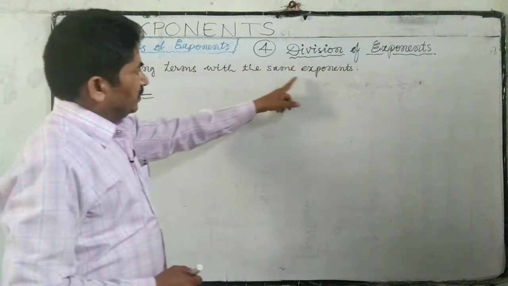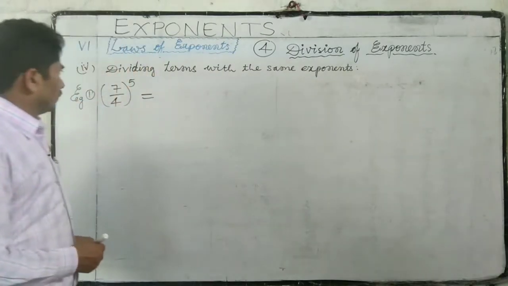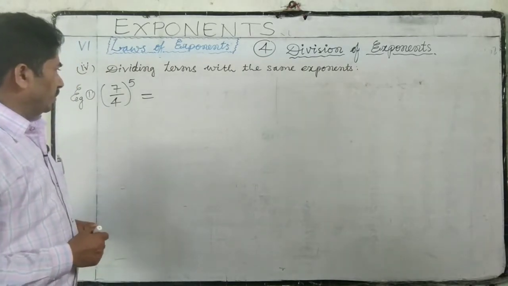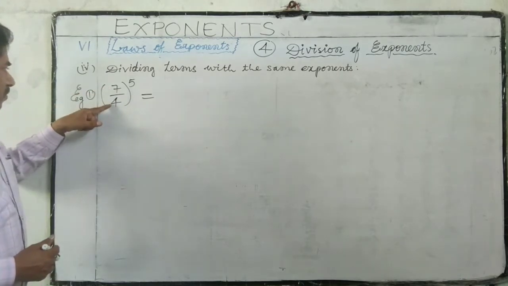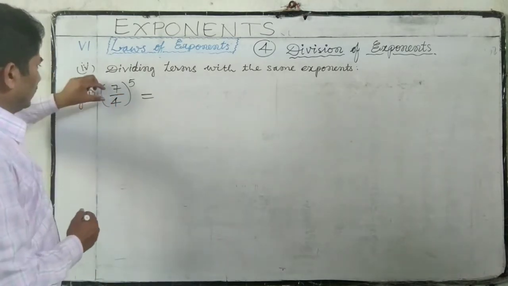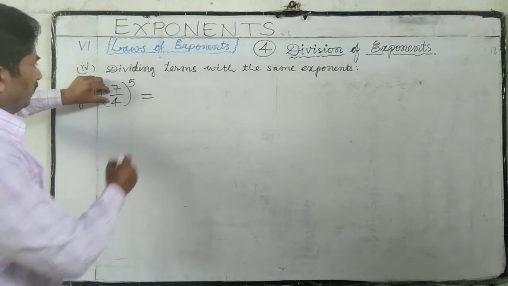Dividing terms with the same exponents. To understand this, here we have an example: 7 by 4 all to the power of 5. We can write this as 7 by 4, 5 times.